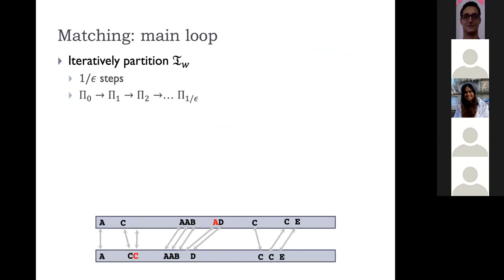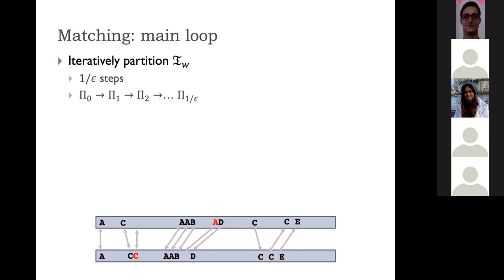Okay, so here's the main loop, and in a sense, what we'll want to do is partition these substrings. Again, we have 2n of them, n for each string. This proceeds in roughly 1/epsilon steps, so we'll have some partition pi0, then pi1, and so forth.